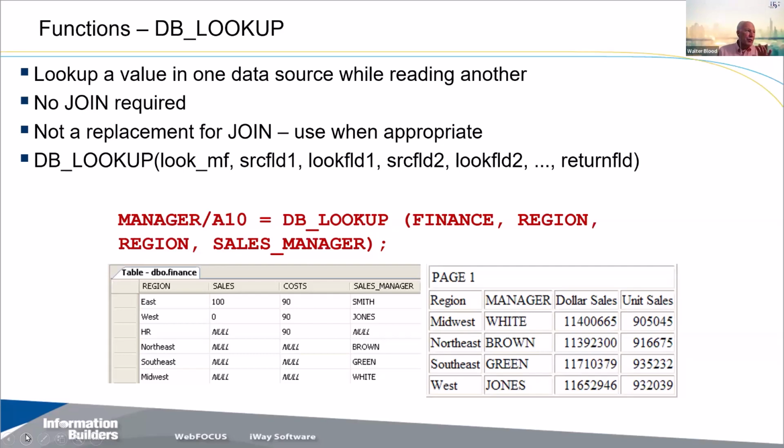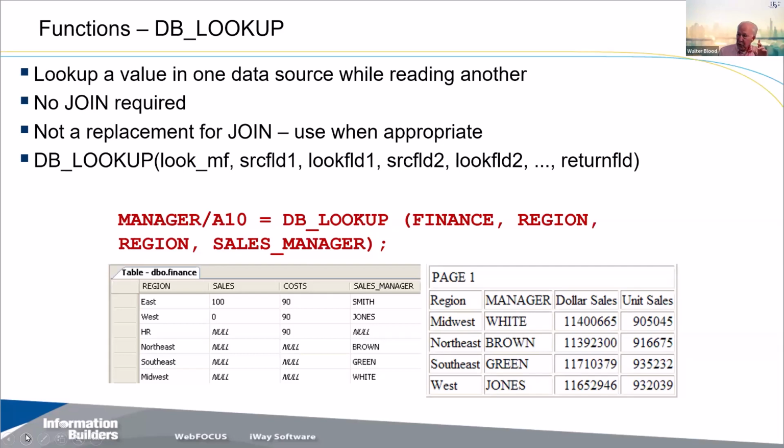No join is required. It's not a replacement for join. If this is something that you should really be doing with join, then you should do it with join. If you're dealing with very large lookups, then don't use DBLOOKUP.